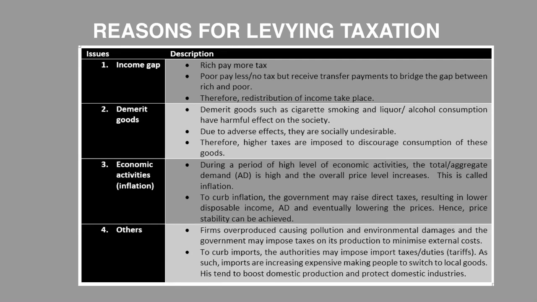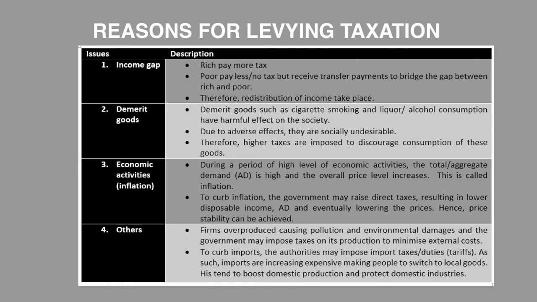So in order to control inflation, the government needs to impose tax and cut a little bit on government expenditure. We also have other problems such as market failure. In order to overcome market failure, the government has to tax.